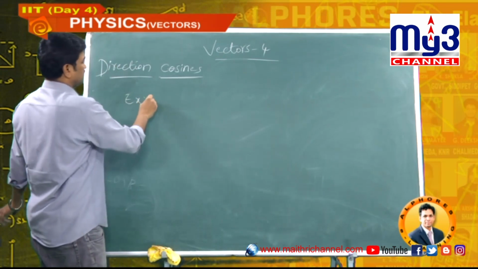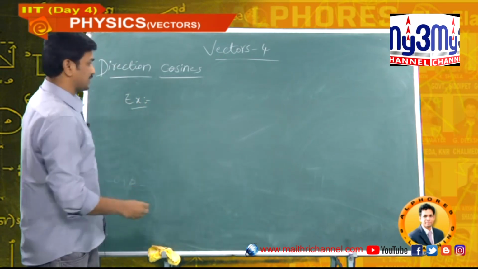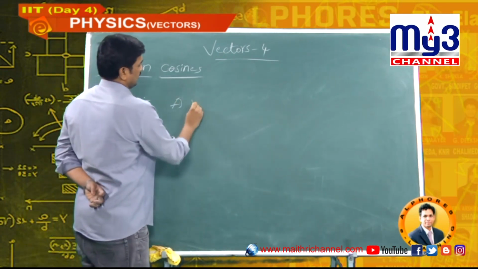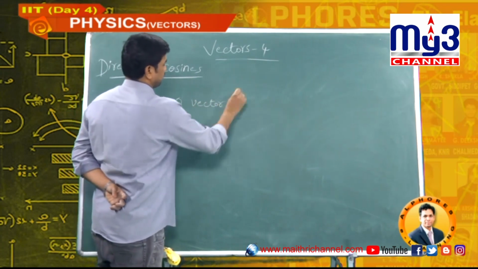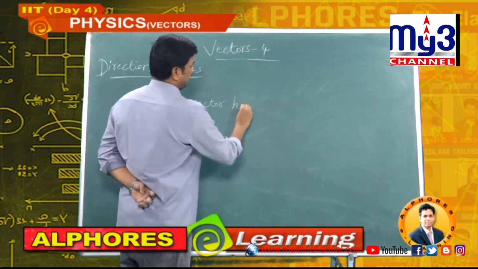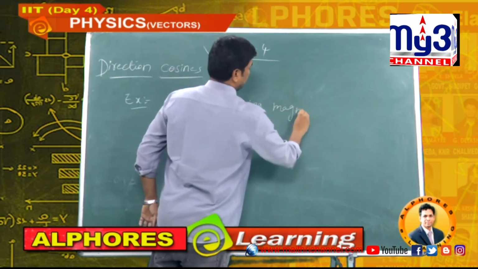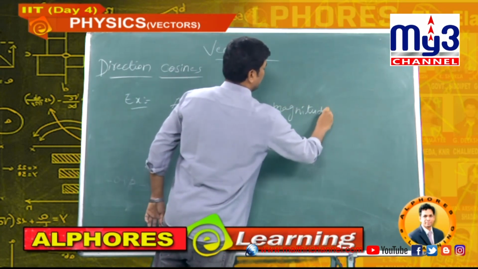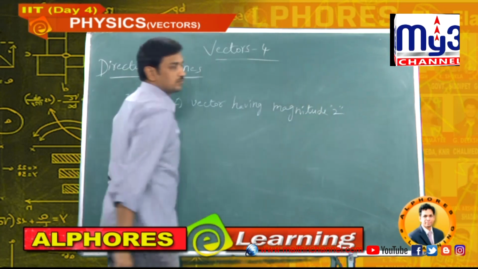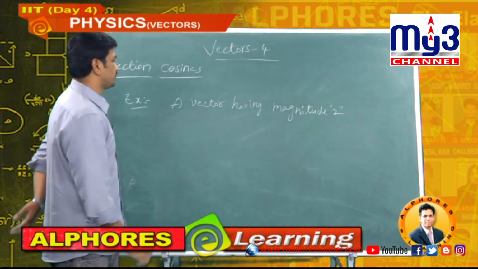Example. What is that example? A vector having magnitude 2.